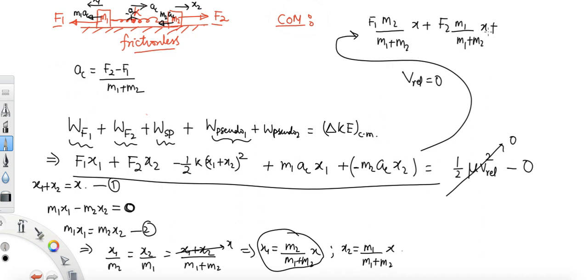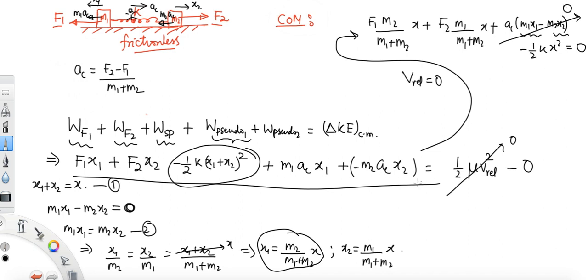If you take AC common, it becomes AC times (m1 x1 minus m2 x2). The work done by the spring force is minus half k x squared, with x1 plus x2 as x. The pseudo force term is equal to 0, since m1 x1 is equal to m2 x2. So the net work done by the pseudo force will be 0.